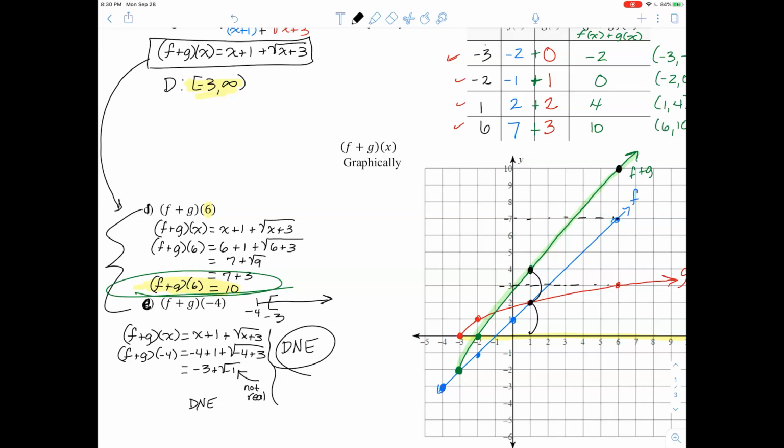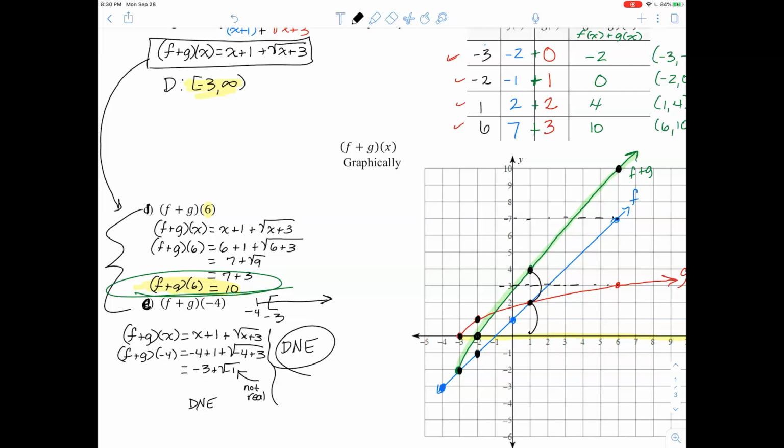The next place they both have a nice intersection is right here, this blue point and this red point. So that's negative 1 plus 1, and that is 0. So you can see that I just added those 2 points. And then the last place where they share a nice intersection is right here where x equals negative 3.